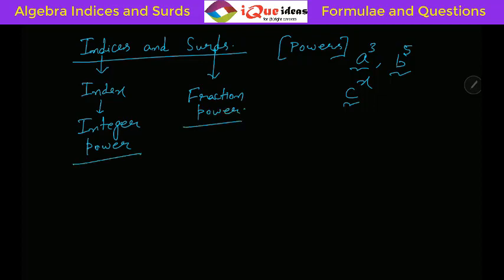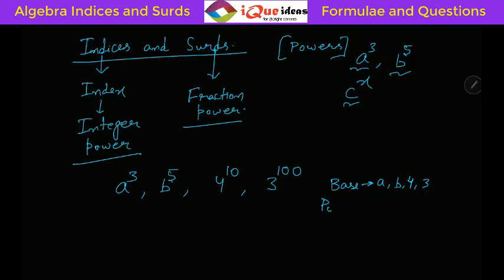Now first of all, we need to understand that when I say a cube or b to the power 5 or 4 raised to the power 10 or 3 raised to the power 100, here this a, b, 4 and 3 are called base. So in all these cases base is a, b, 4 and 3, right?